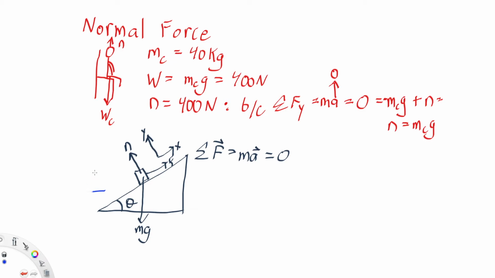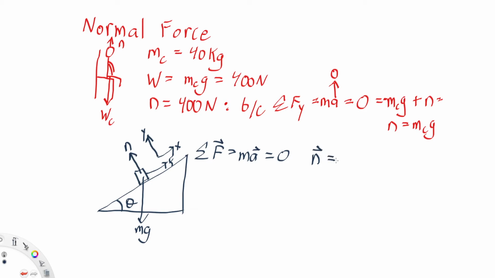But if we just tilt our coordinate system like this, now we only have to break down one, because the friction is all in the positive x direction, the normal force is all in the positive y direction, and the weight is in the negative x and negative y direction. So we have to break down the weight, but we don't have to break down N or F, so we save ourselves some trouble by tilting our coordinate systems. So using this definition of x and y, we can write down our force vectors.